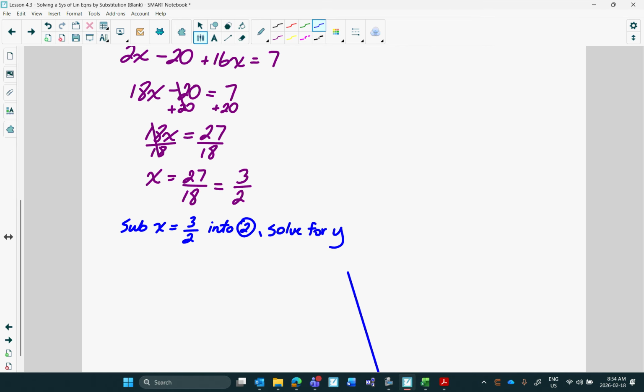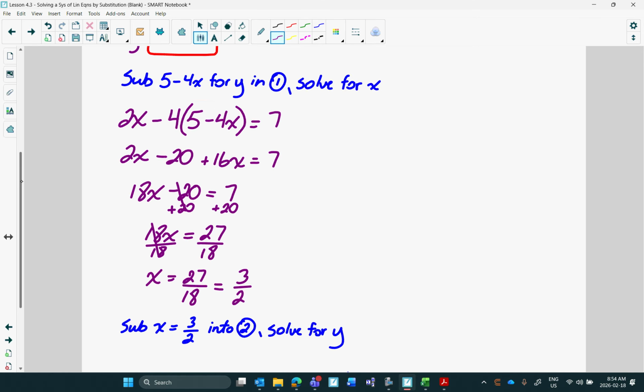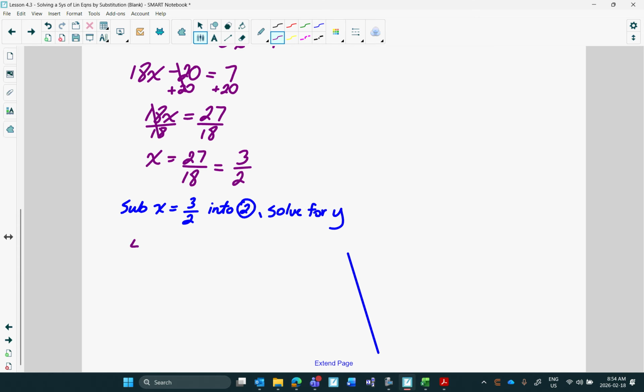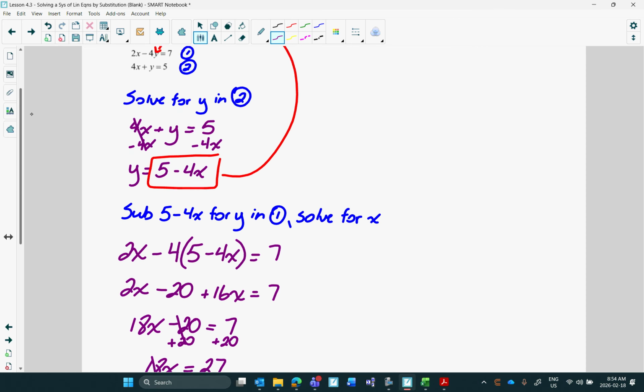What do I get when I do that? I get 4 times 3/2 plus y is equal to 5.